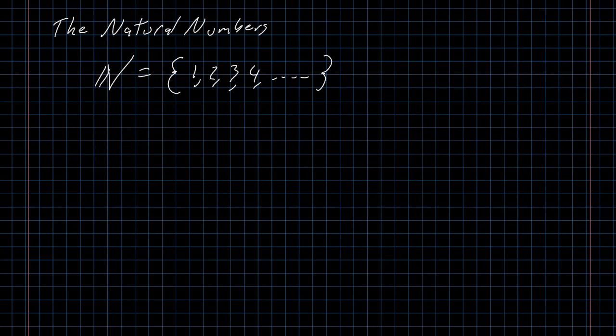The interesting thing here is this symbol that I'm using to represent them. It kind of looks like the letter N with an extra line in it. And we call a symbol of that sort a blackboard bold symbol. And all of the major sets of numbers that we're going to be talking about have a blackboard bold symbol that we use to represent them.